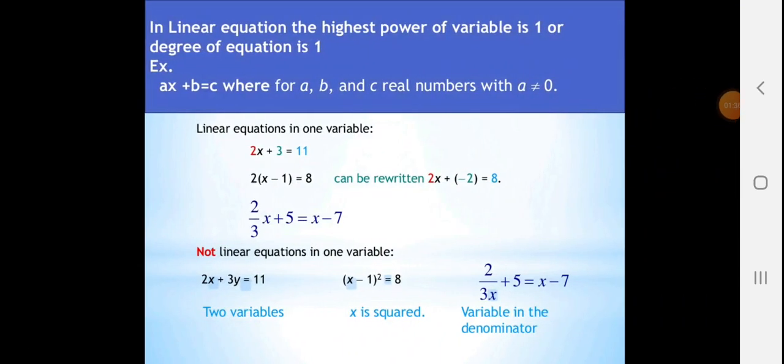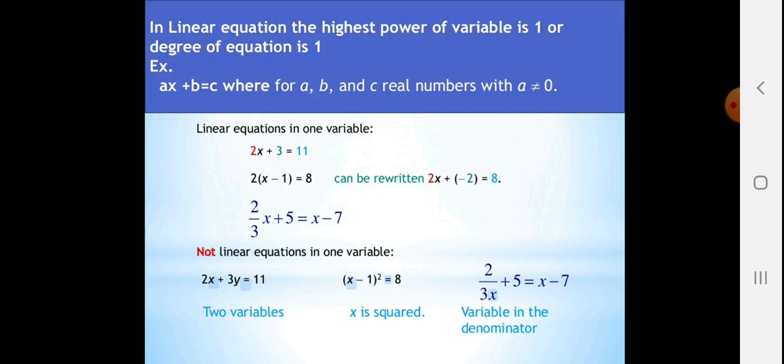In a linear equation, the highest power of the variable is 1, or the degree of the equation is 1. For example, ax plus b is equal to c, where a, b and c are real numbers but a can't be 0. Linear equation in one variable: here you can see 2x plus 3 is equal to 11.